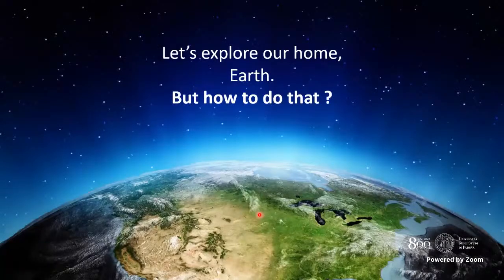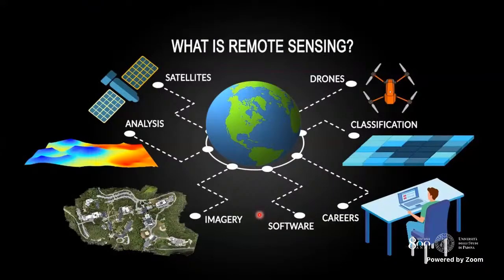So after talking a little bit about deep space imagery, let's explore our Earth, but how do we do that? Which are the principal tools that we can use to explore our Earth? Basically, we're going to talk about remote sensing.